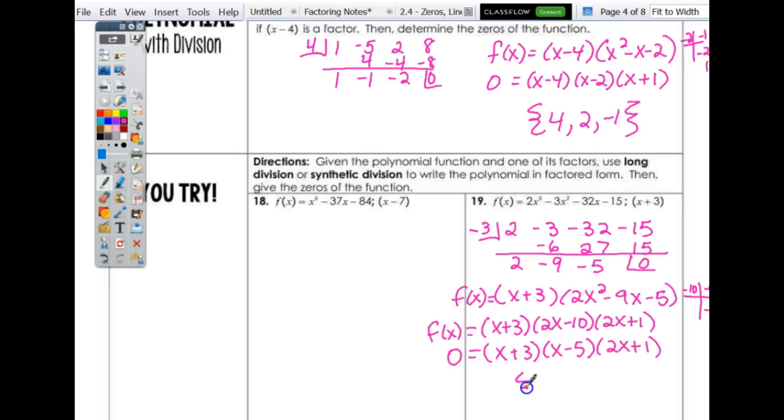So I can get my zeros, negative 3, 5, and negative 1/2. Where did it go? You can reduce that factor.